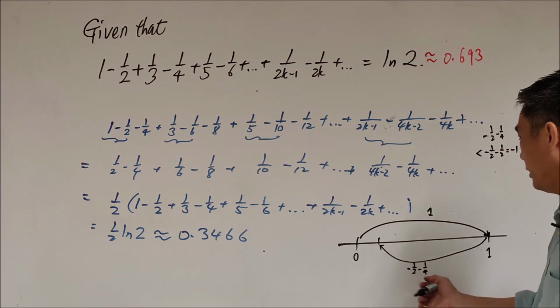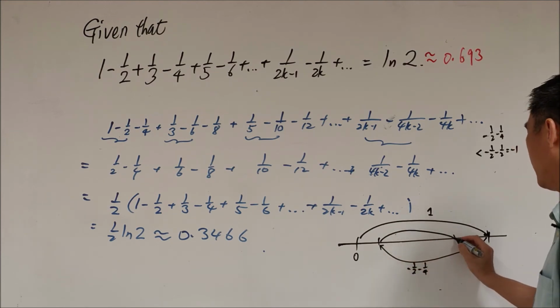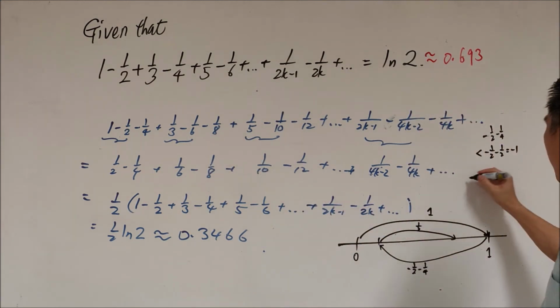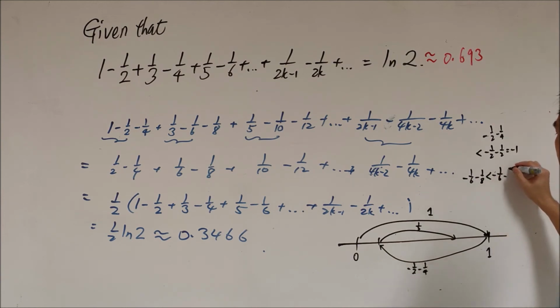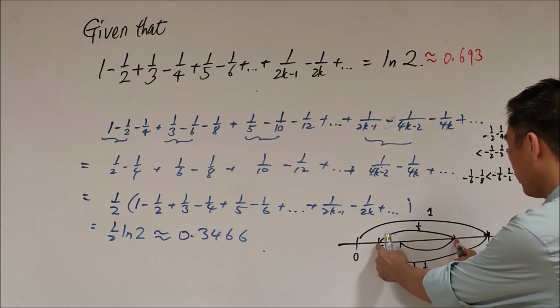So 1 over 3 is less than 1 over 2, so it will be still within here, 1 over 3. And these two terms, negative 1 over 6 minus 1 over 8 is less than negative 1 over 6 minus 1 over 6, and this is negative 1 over 3, is still within this range, that is 1 over 3.